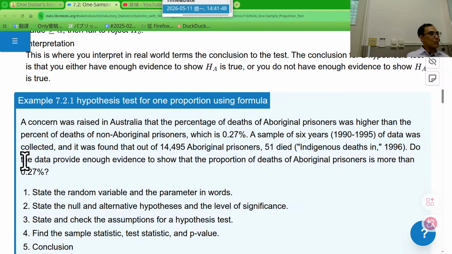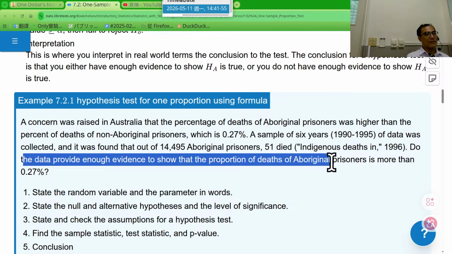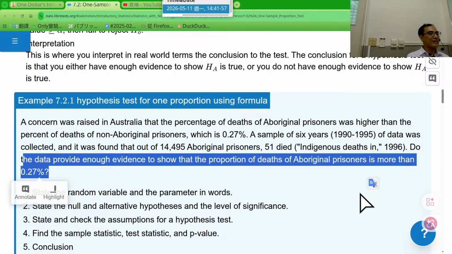Do the data provide enough evidence to show the proportion of deaths of this kind of prisoner is more than 0.27%? Okay, let's check here.